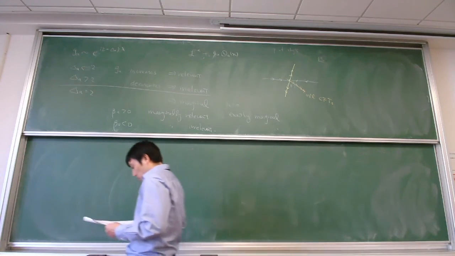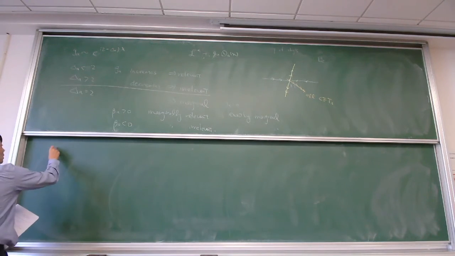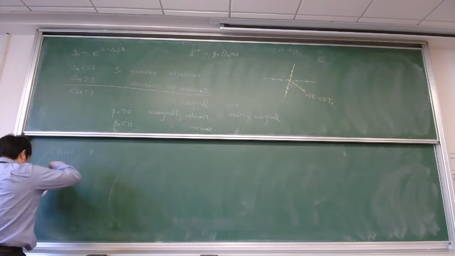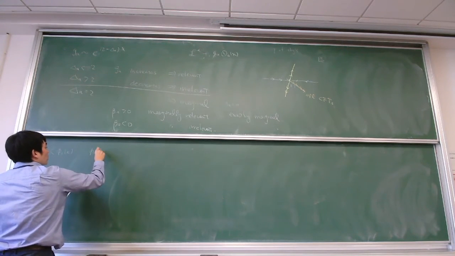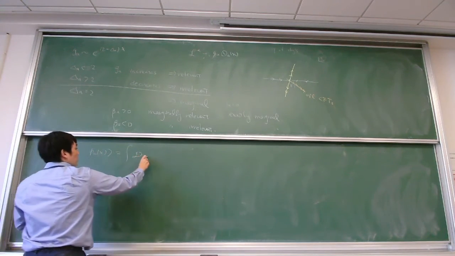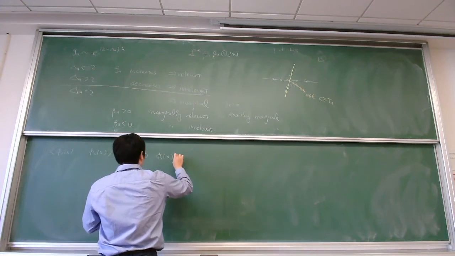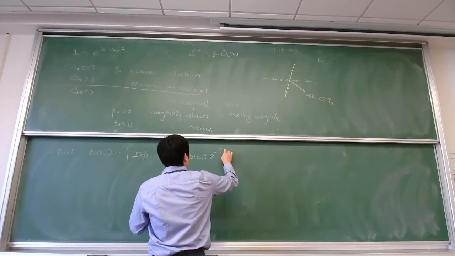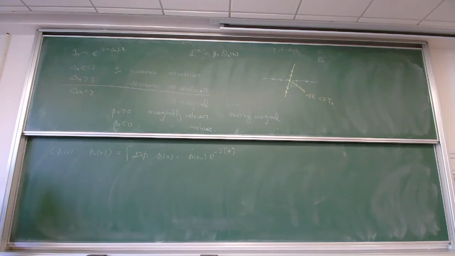Let's talk about the Callan-Symanzik equation, which concerns the correlation function in quantum field theory. This is indeed for a general quantum field theory. One can consider the correlation function, which is just defined by the path integral of phi_1 of x_1 through phi_n of x_n, e to the minus S. This is the Euclidean version which I use.